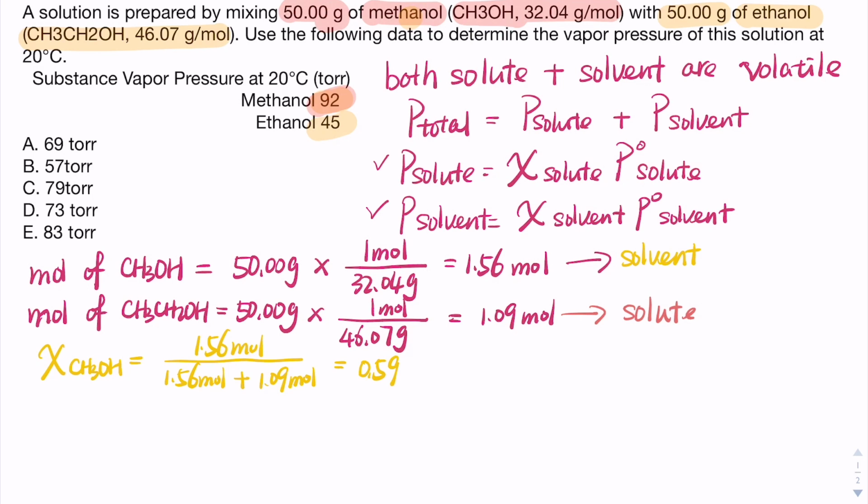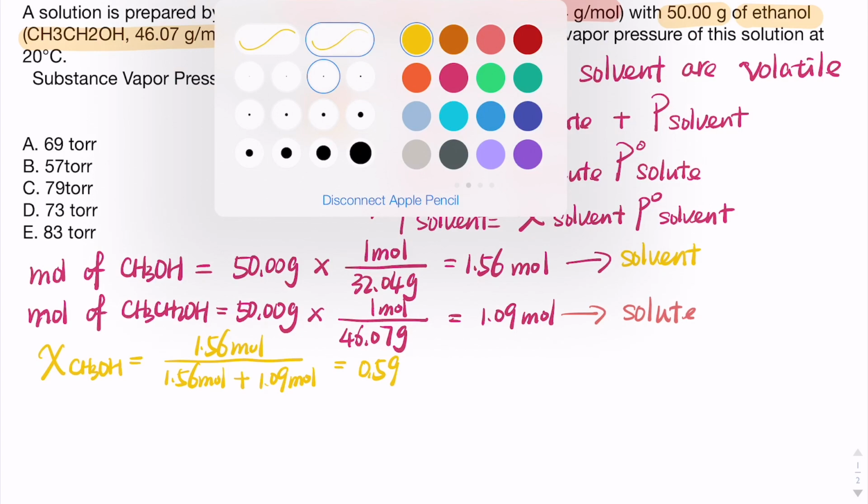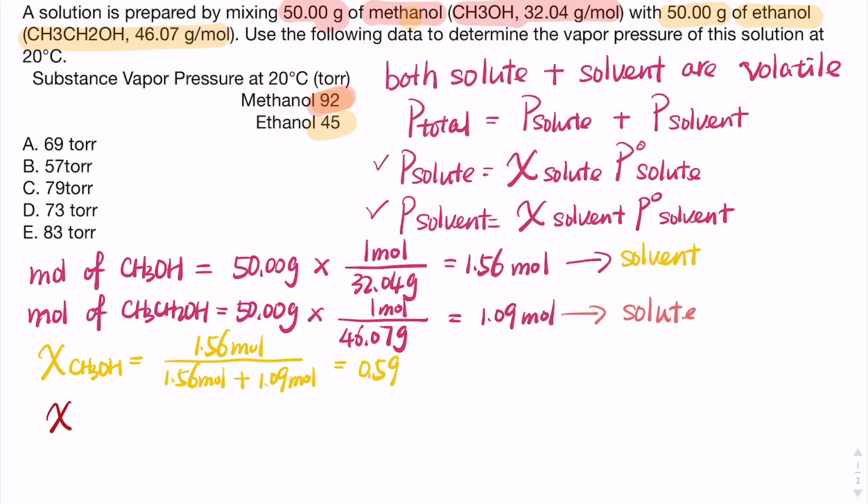And then the other term we're going to do is the mole fraction of ethanol. Same way of calculation, but now it's going to be 1.09 over the total.